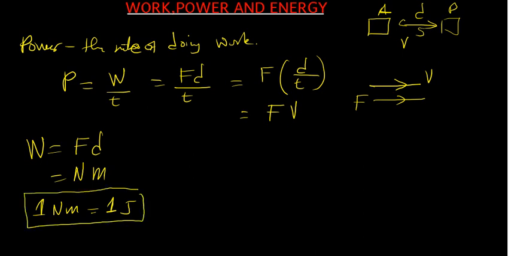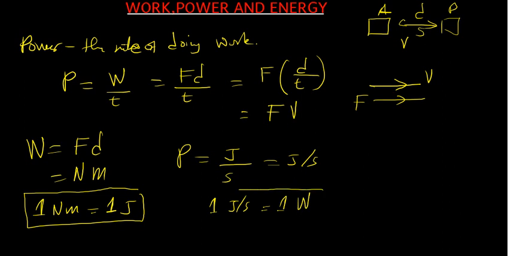Same here, when we are talking about power, we are saying power is work over time. And we know that work is in joules, and then time is in seconds. So this gives us joule per second. So joule per second is a unit for power, but 1 joule per second is the same as 1 watt. So therefore, the unit for power is in watts.